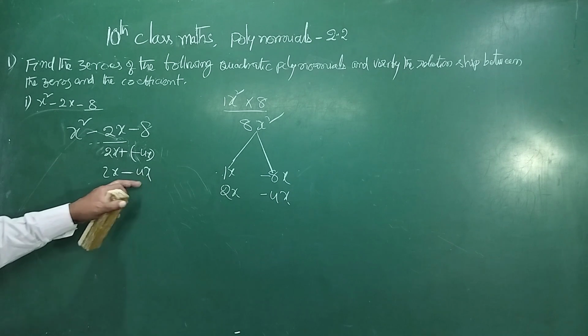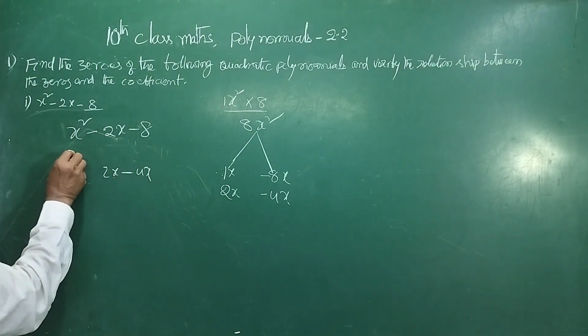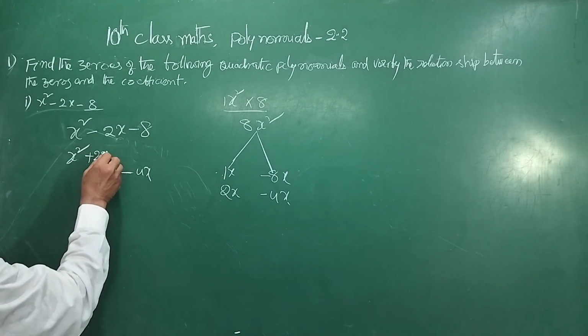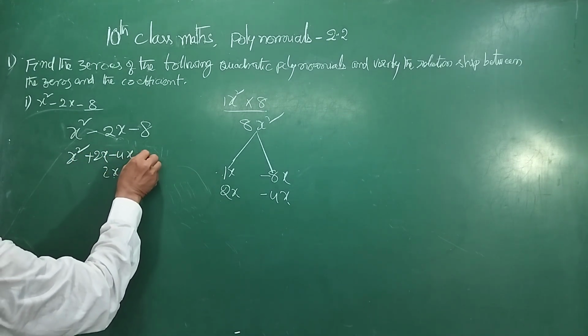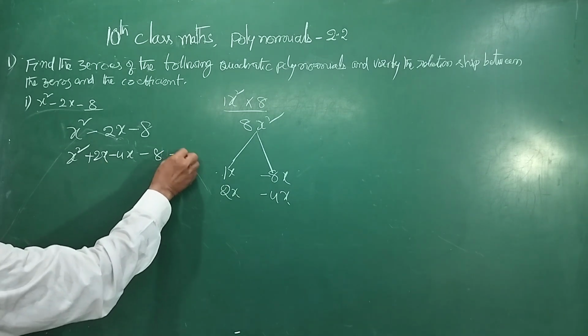Like that we can split. Yes, I am right. Let us write: x square plus 2x minus 4x minus 8 is equal to 0.